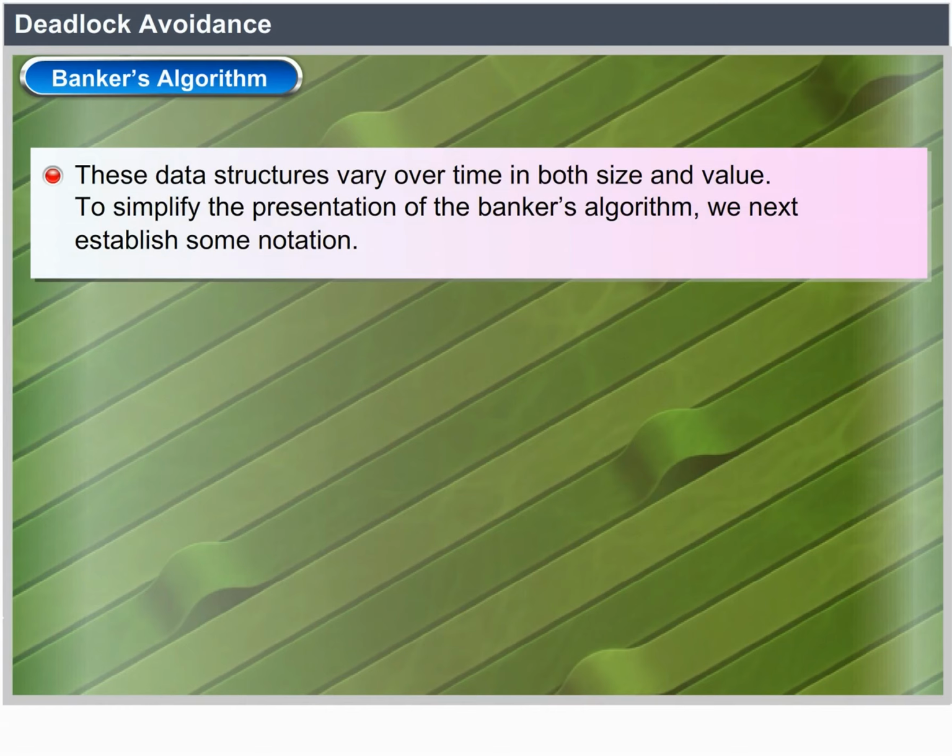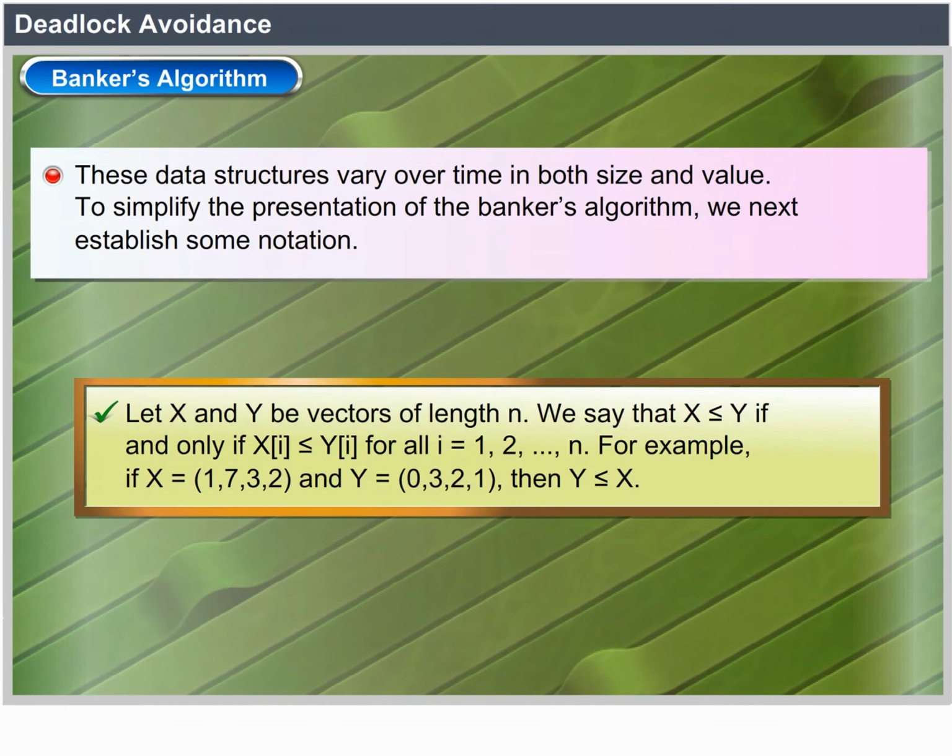To simplify the presentation of the banker's algorithm, we next establish some notation. Let x and y be vectors of length n. We say that x is less than or equal to y if and only if x[i] is less than or equal to y[i] for all i equals 1, 2, and so forth till n. For example, if x equals (1, 7, 3, 2) and y equals (0, 3, 2, 1), then y is less than or equal to x.